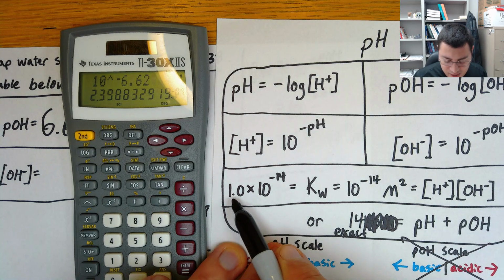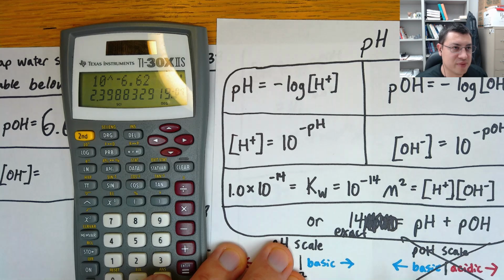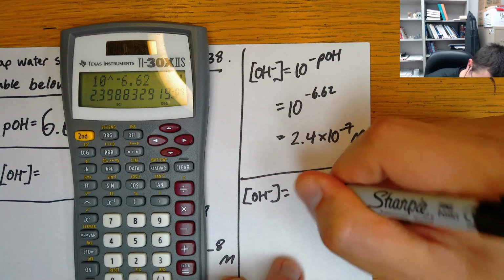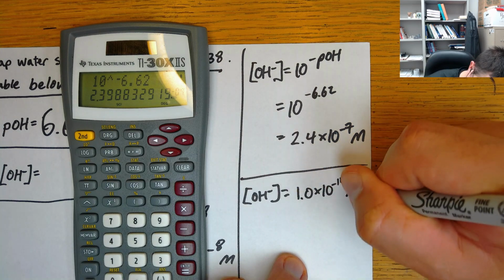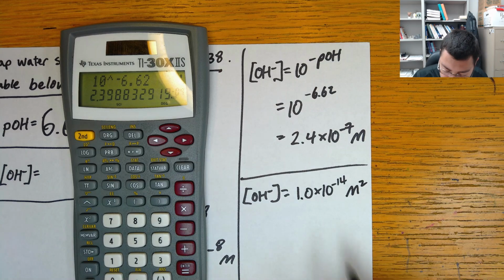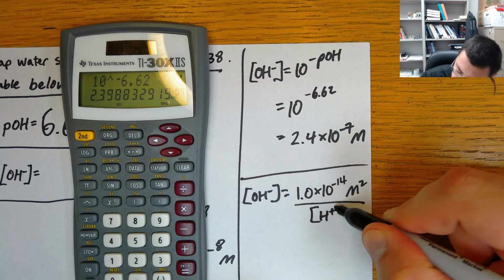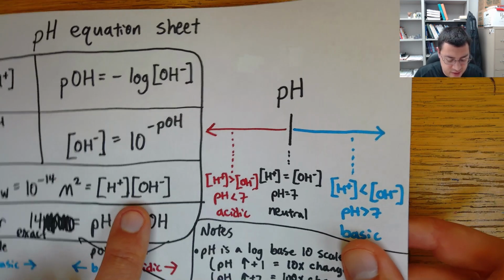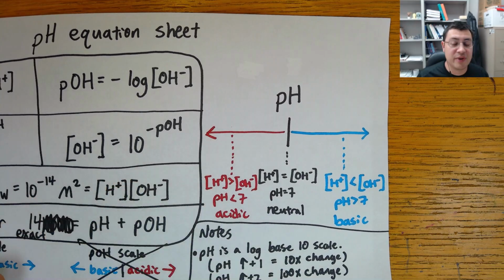That's kind of a good reminder in hindsight that concentrations often go to just one decimal place, if I could have gone back in time. All right, and that's going to be divided by the H plus concentration. I just did the algebraic rearrangement of this, putting the H plus in the denominator there.